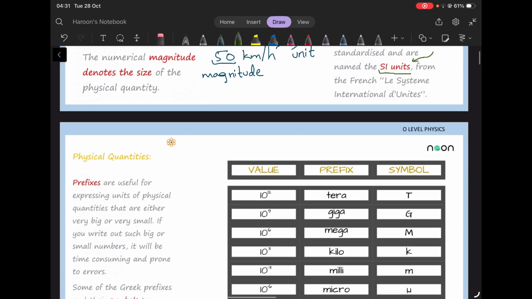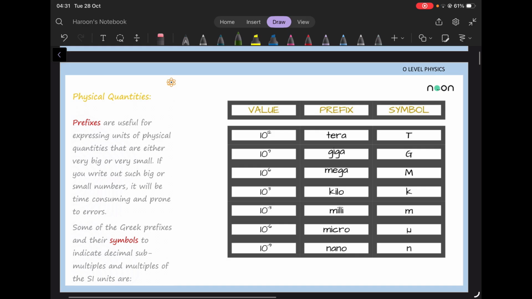Next up, you are expected to memorize a few prefixes. This table is examinable. The value of tera is 10 raised to power 12, and we represent it by uppercase T. Giga is 10 raised to power 9, mega 10 raised to power 6, kilo 10 raised to power 3.